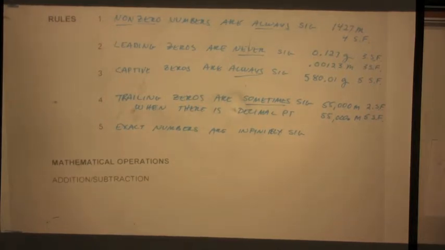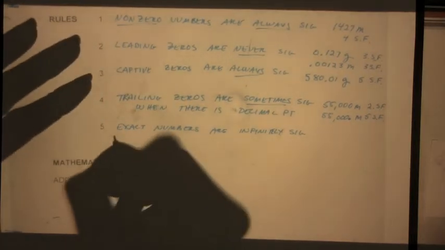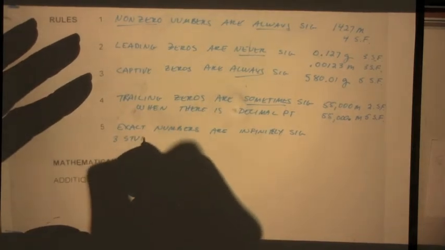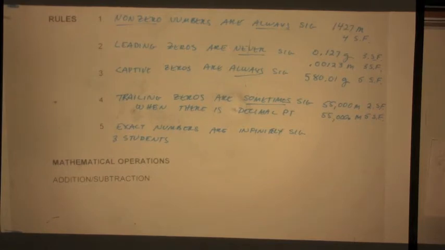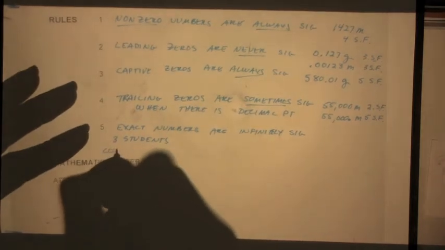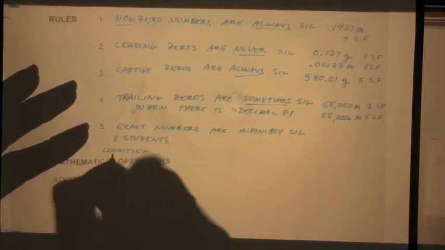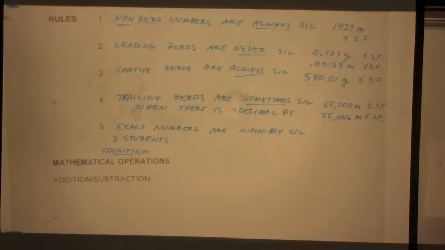Exact numbers. When I'm counting, I have 3 students. There's no question as to parts of students. 1, 2, 3, or a dozen apples. Whenever you are counting something, you have an exact situation, so you have an infinite number of significant figures.